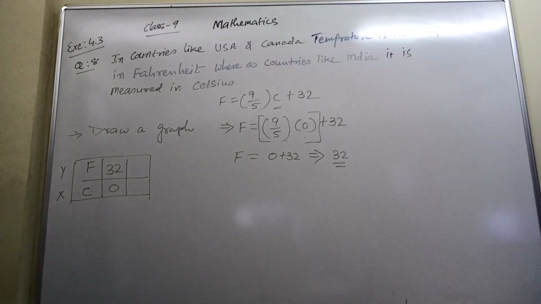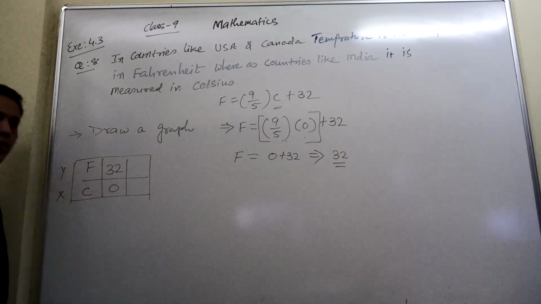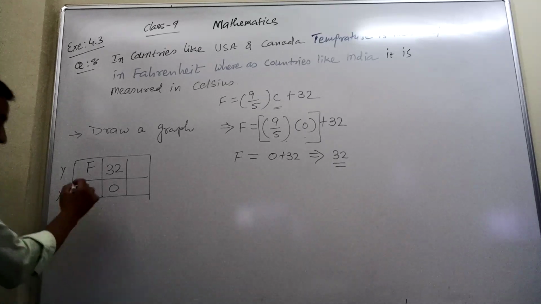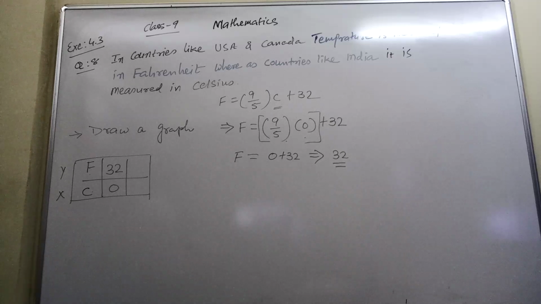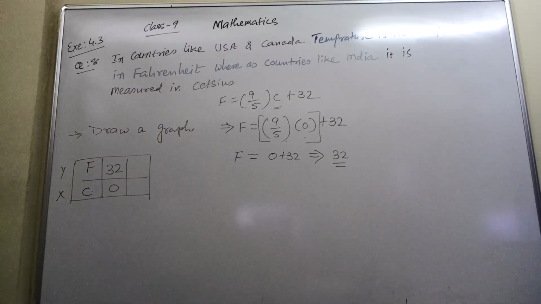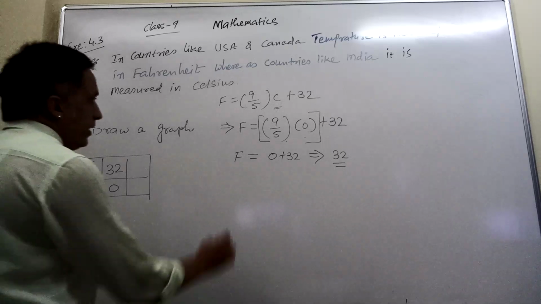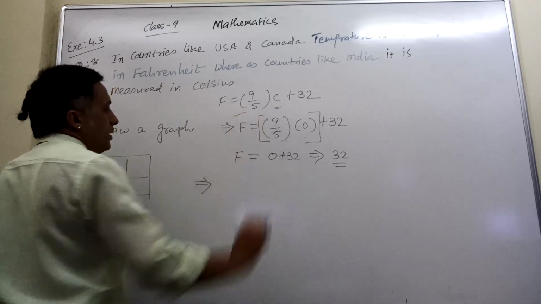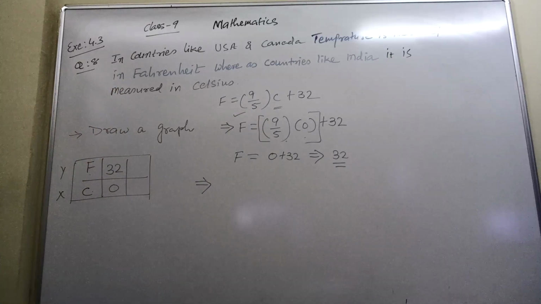Now, suppose I take the value of F itself as 0, or else I can take a value for C that is different from 0. Randomly I can take any, but for my convenience I can see over here that in the denominator I have 5.